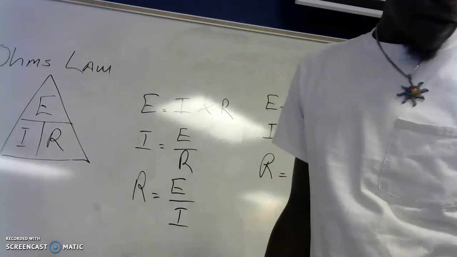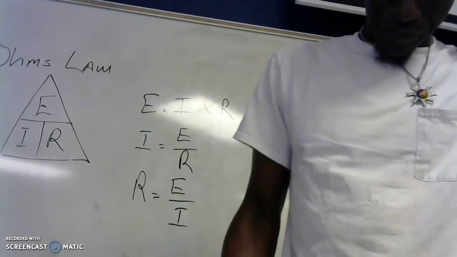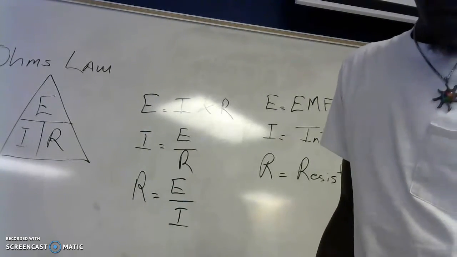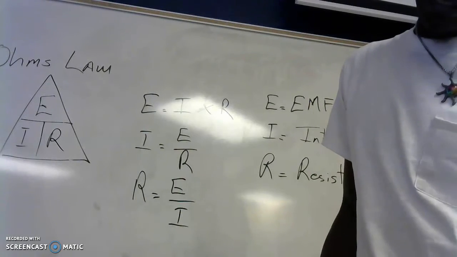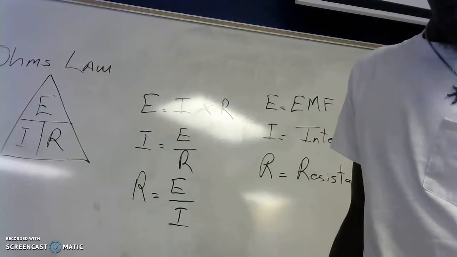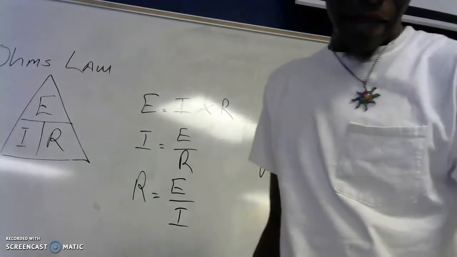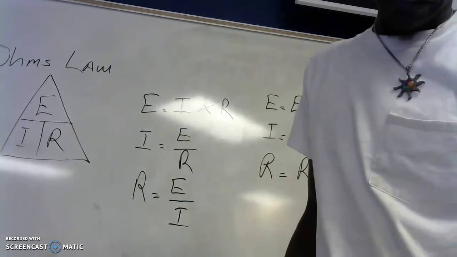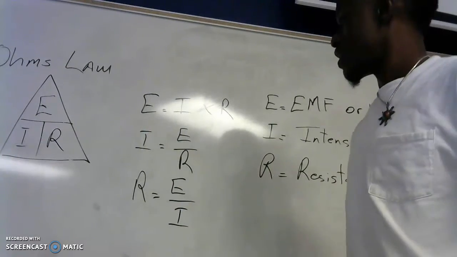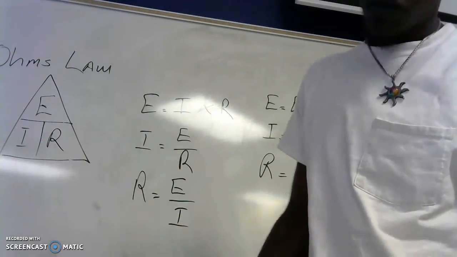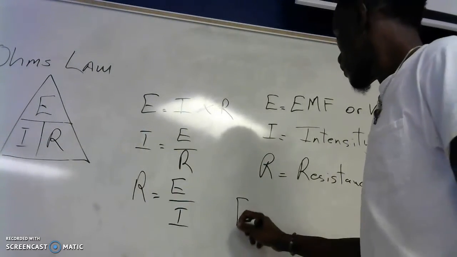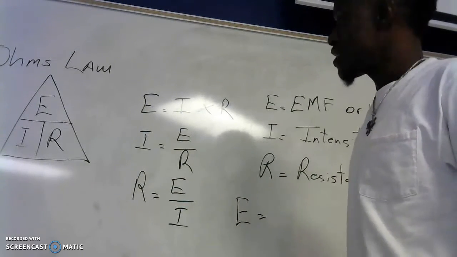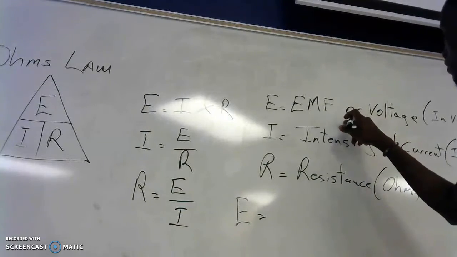From there, the first formula states that the voltage can be found if the current and resistance are known. Voltage is equal to amperes multiplied by ohms. For example, assume that a circuit has a resistance of 50 ohms. We're trying to find E, which is volts.